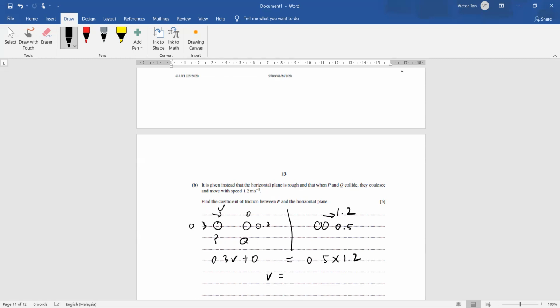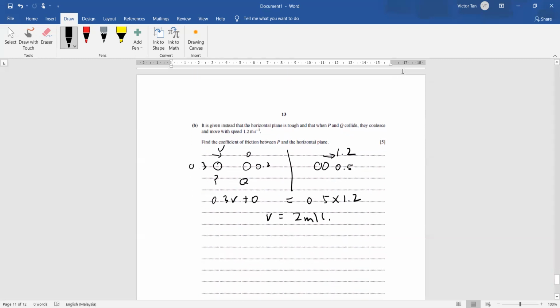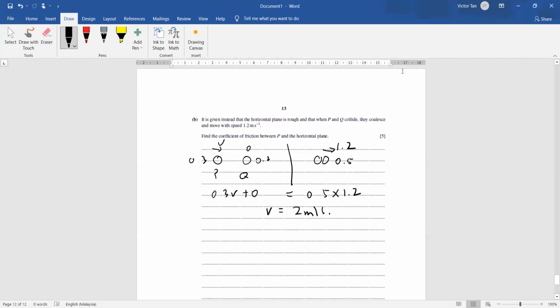By solving, you get 2 meters per second. So the velocity when it collides with Q is 2, and the initial velocity when it reaches the bottom of the hill is 5 meters per second.